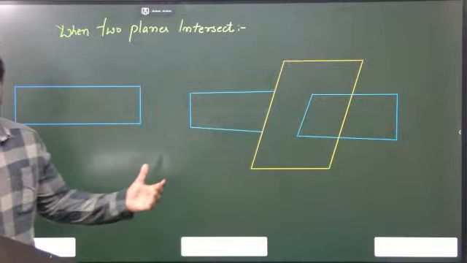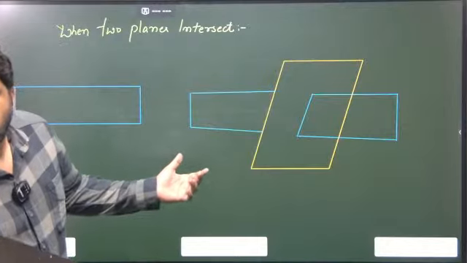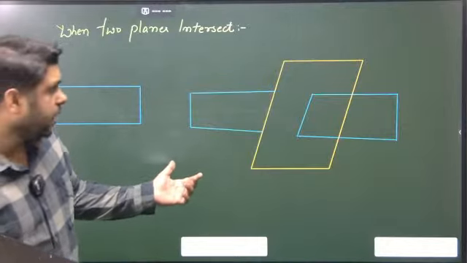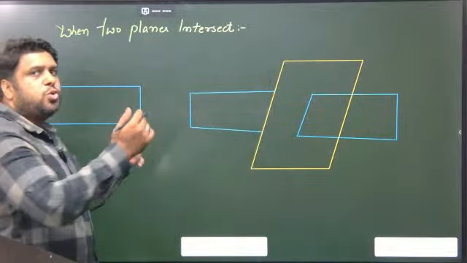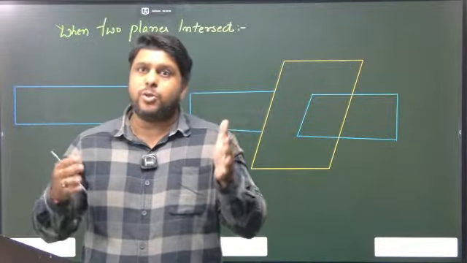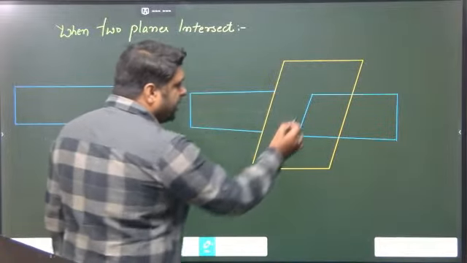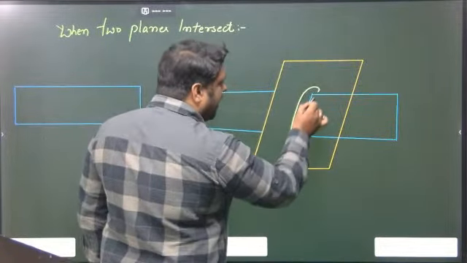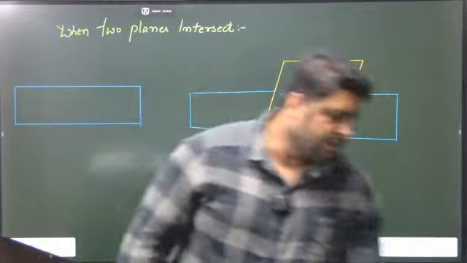So this is how we are representing 3D structures into 2D structures. If you have seen, we were having two-dimensional structures, but now they have intersected. Now they are producing this linear structure. This is the line which I will be seeing on this plane. So this is my linear structure.